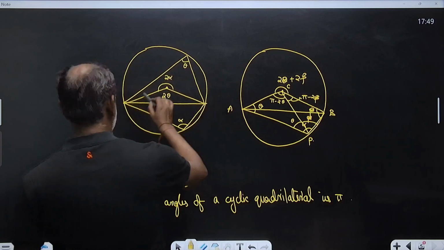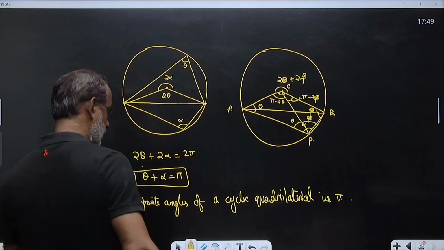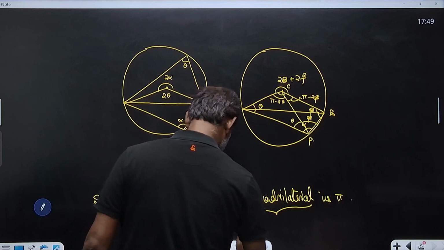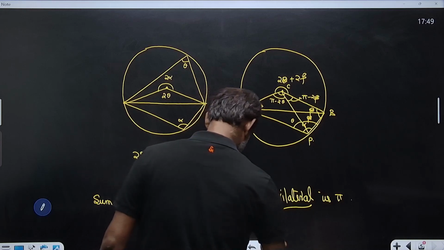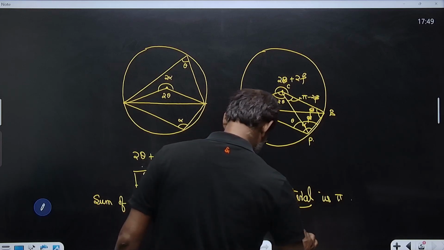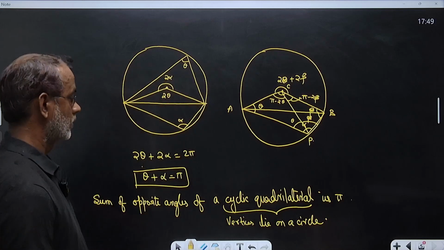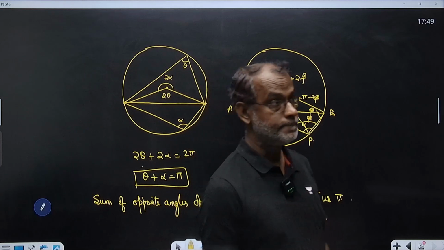Now this is a cyclic quadrilateral, whose cyclic quadrilateral means vertices lie on a circle. Fine.